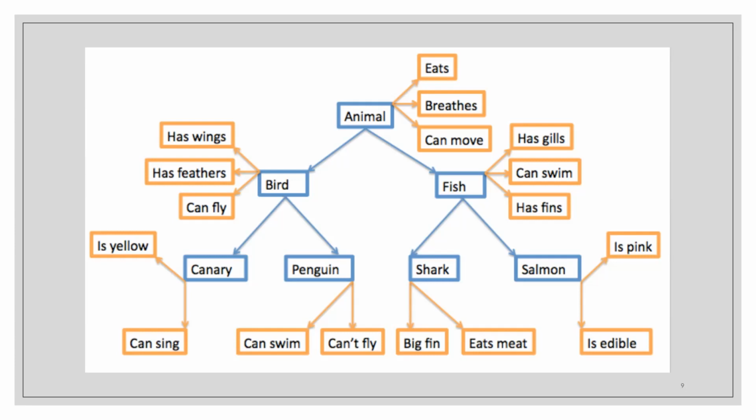So penguins are connected to canaries because they're both birds, but canaries sing, right? And canaries fly. Penguins don't. So we've kind of have this separation there. Penguins, you probably imagine a black and white, as opposed to a canary, which would be yellow.